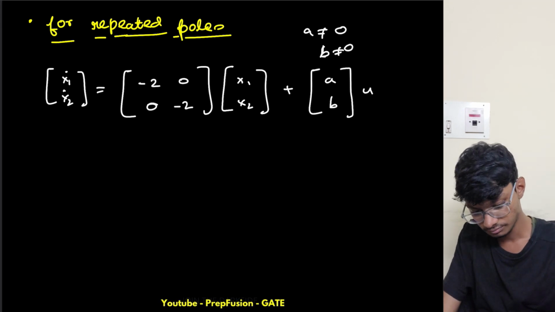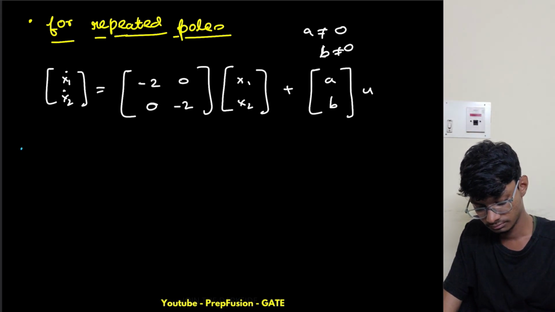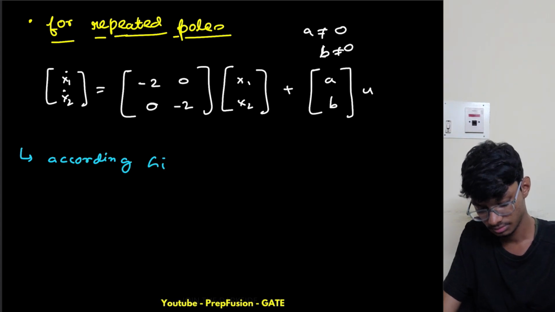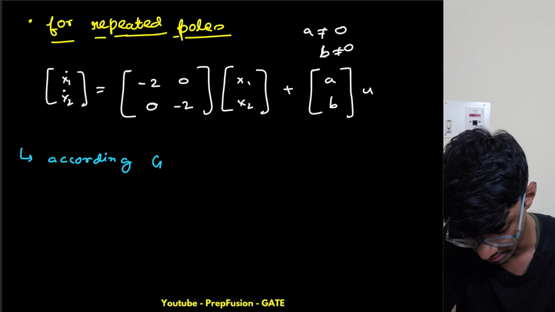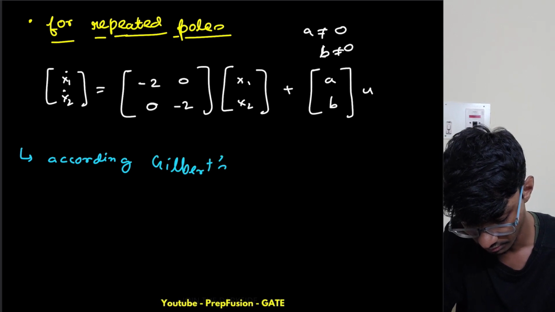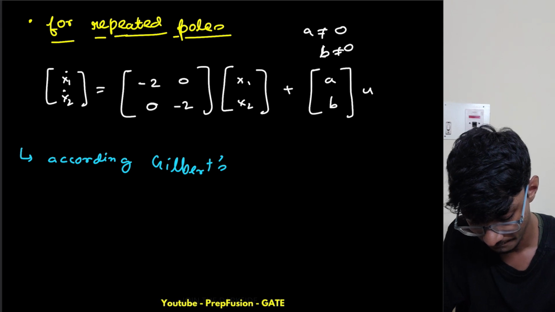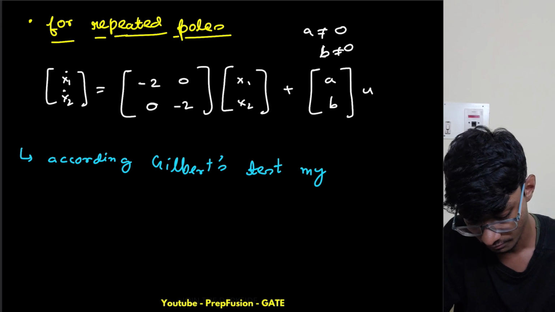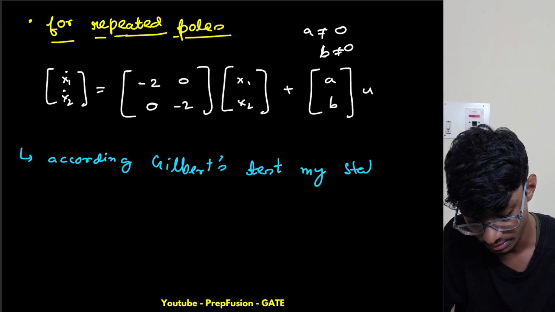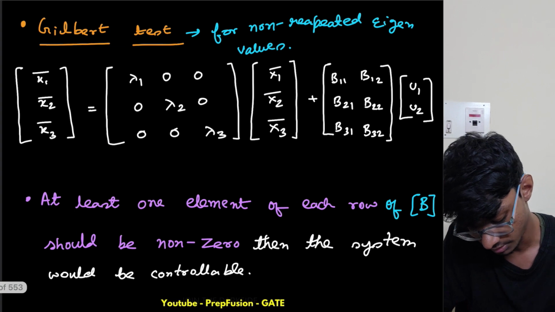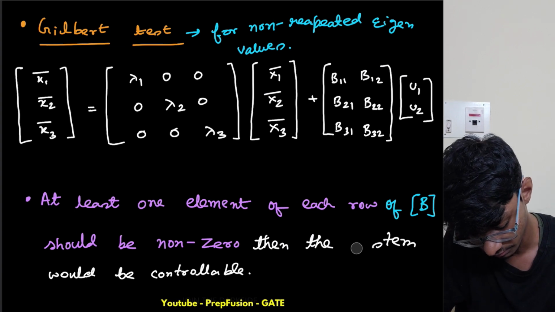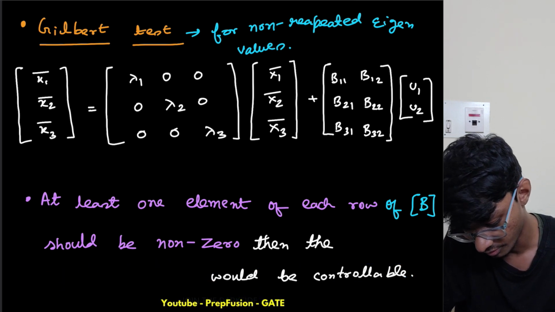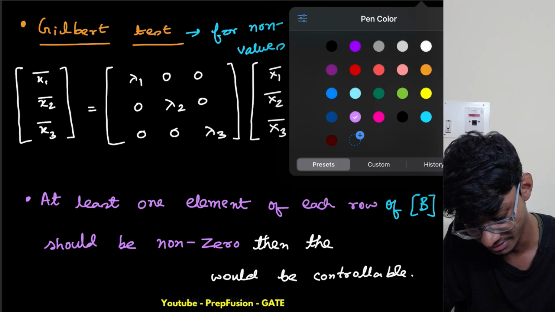So here I can write, according to Gilbert's test, is it really controllable? Then let's check. I shouldn't write system here, actually I should write state space representation. Sorry for the delay, I should have written it earlier also.